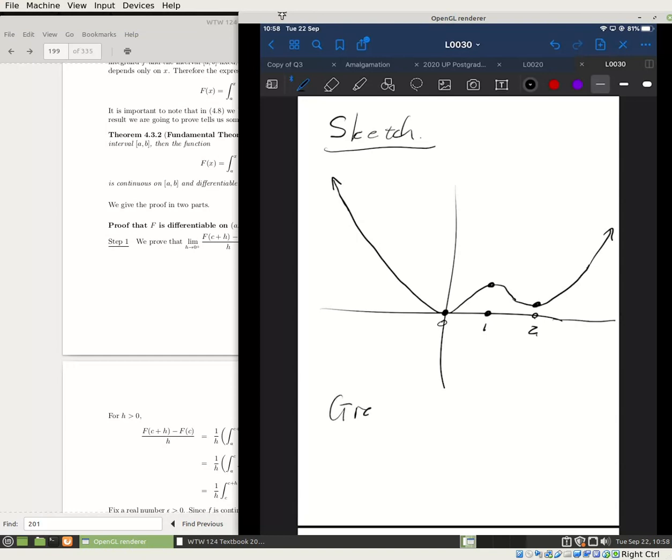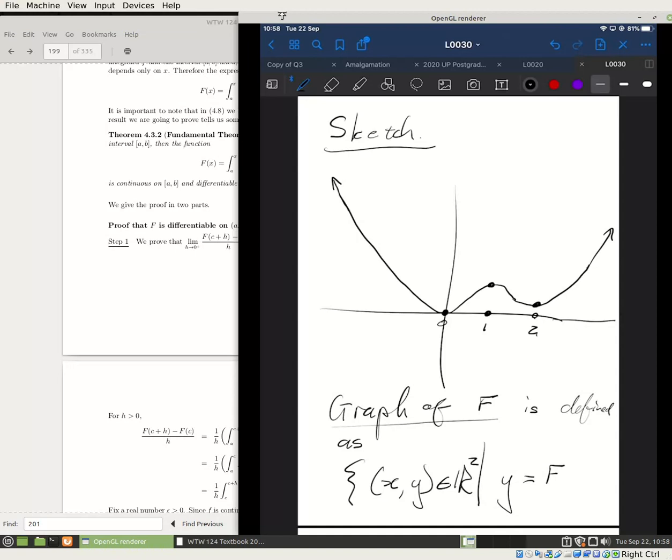The graph of f, that is a set of points in the plane R2, is defined as, using set builder notation, all the points (x, y) in R2 such that y is equal to the function value of the function at the given x coordinate.